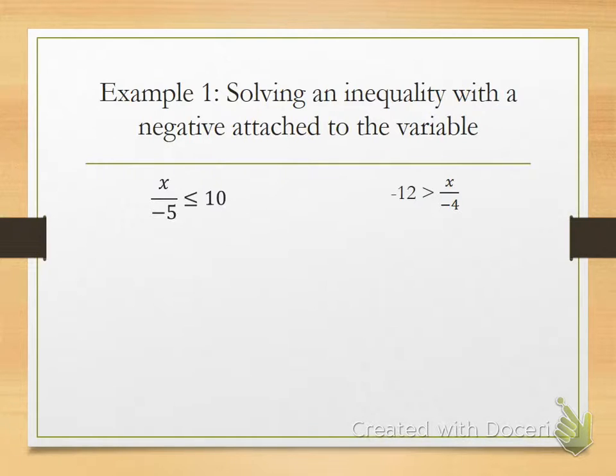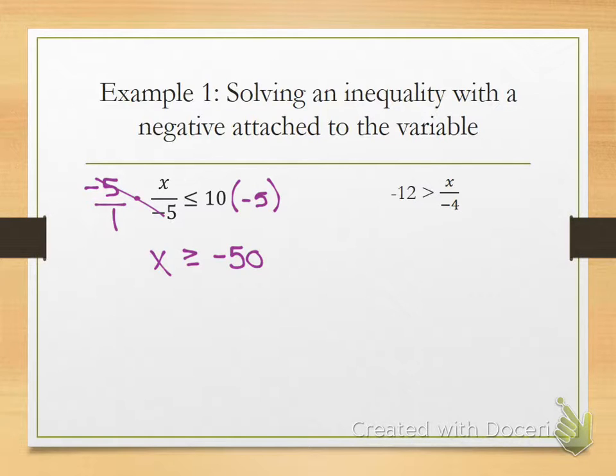So what do I need to multiply both sides by to solve for x? I need to multiply by what? Negative 5 on both sides. Because I had to multiply by a negative, I am going to reverse my inequality. Now x is going to be greater than or equal to negative 50.